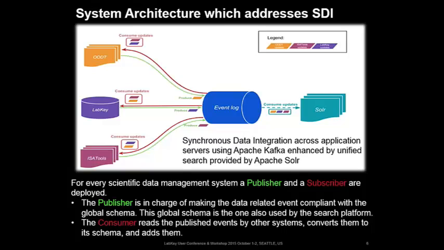Basically what this looks like is as follows: on the left-hand side we've got various application servers, ODT, LabKey, whatever. This can go on and on. You set up a producer, which binds to the source of the data coming in, and you have a consumer, which consumes data from the service.